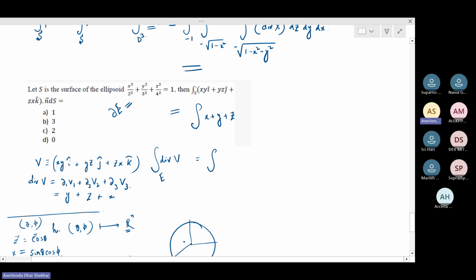Just for the sake of it, if I write this function as x squared by a squared plus y squared by b squared plus z squared by c squared is equal to 1, if this is your ellipsoid, then your x will vary from minus a to a.